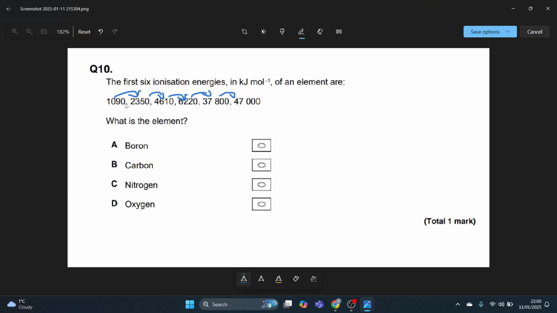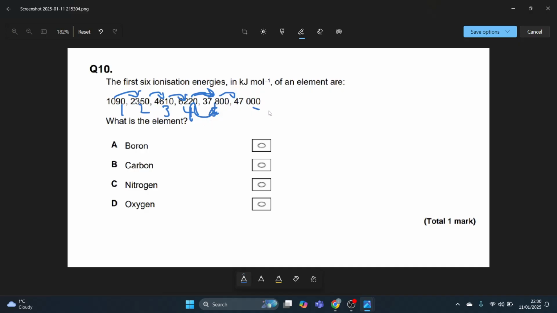So that tells me that it's 1, 2, 3, 4, 5. No, 4. Because the electron is being removed from the 4th electron and then it's caused that massive jump in ionization, you take 1 before the massive jump. So that's a massive jump there.